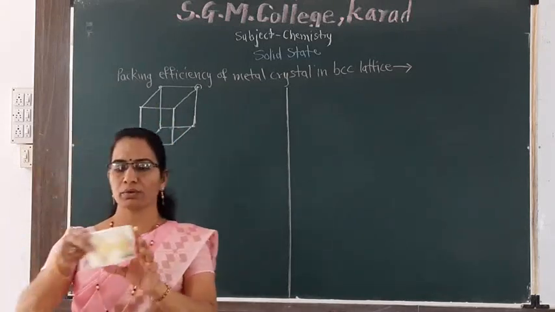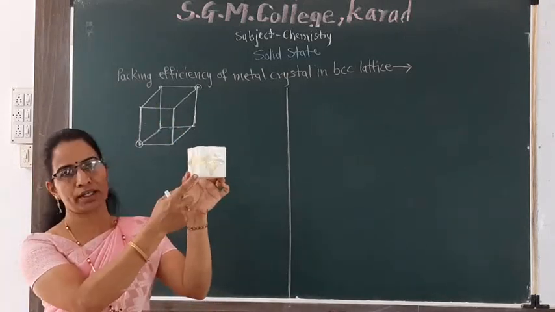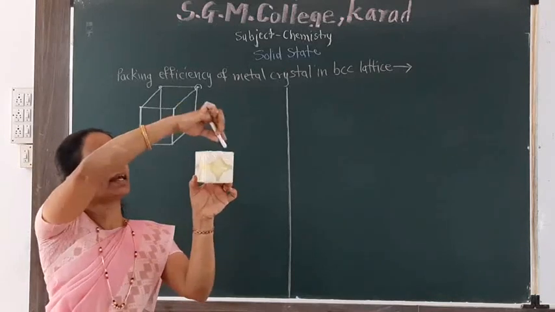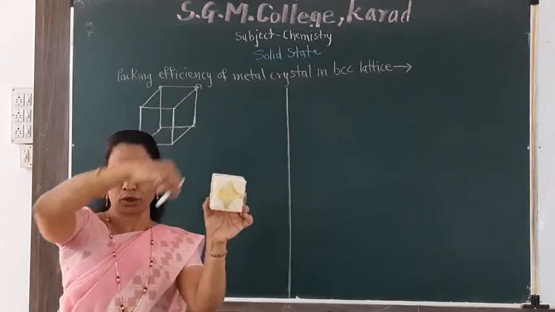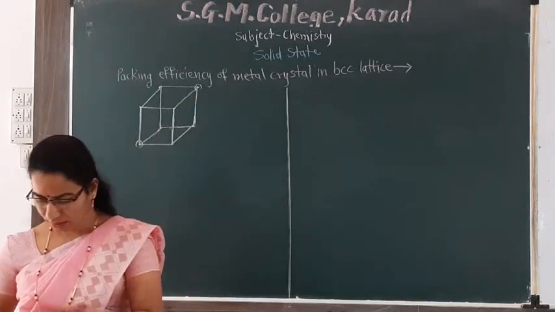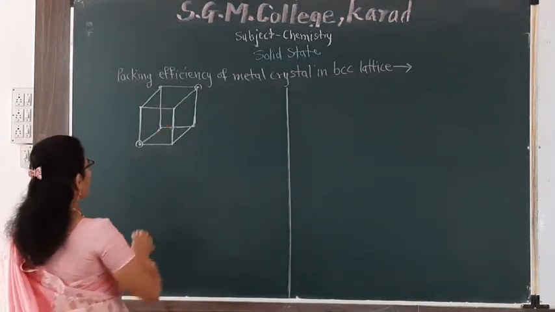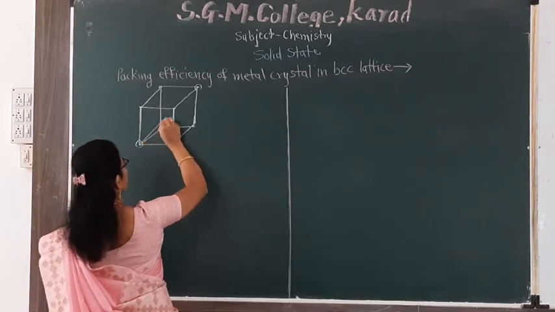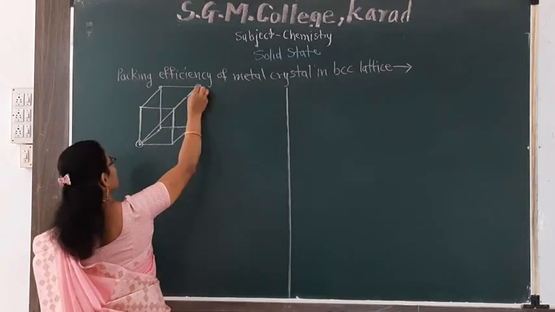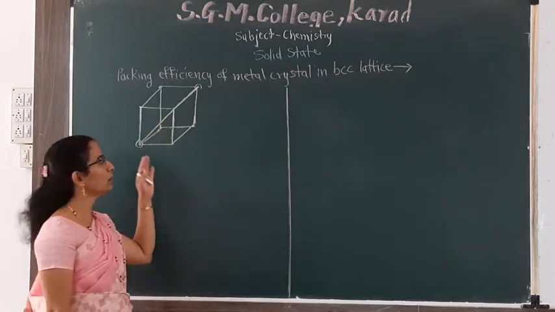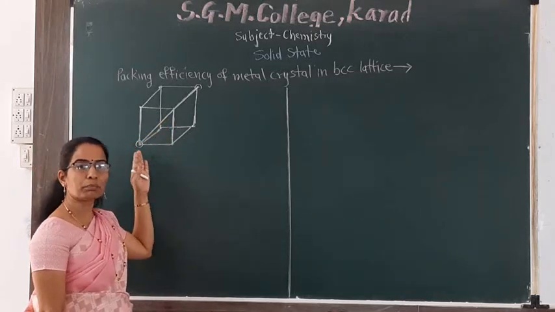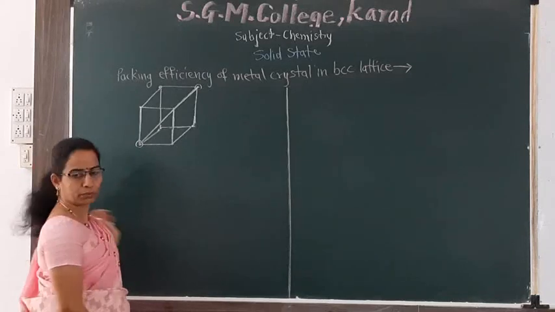If you select this point, then you will select this point. Through these points you can draw a diagonal. I will show that diagonal in this manner. So this diagonal now represents the body diagonal of this cube.